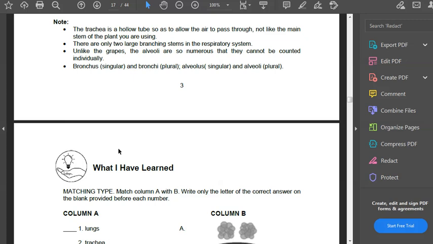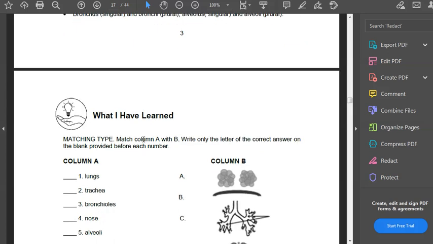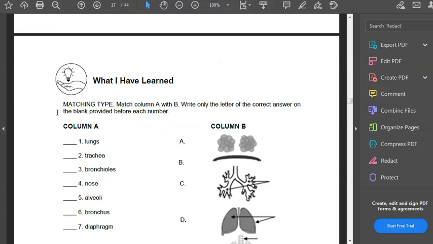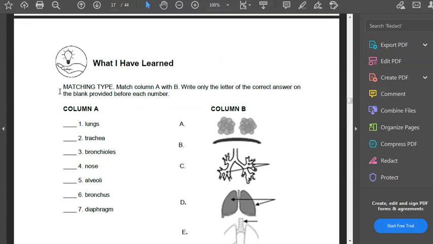And then, let's go to what I have learned and what can I do. Okay. On your yellow pad again, you write down what I have learned. And then, muni siya ang atong answeran. This is matching type.